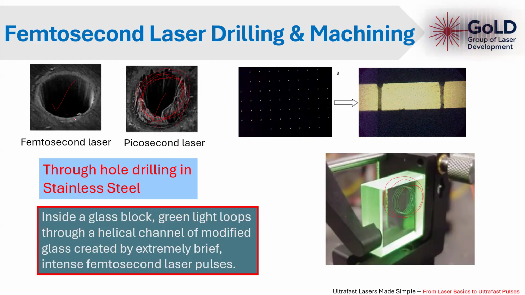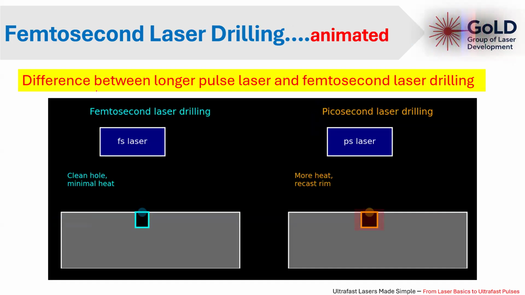Here it's much cleaner. The same is seen in the animation: femtosecond is much cleaner than picosecond. Because the pulse is very long, it generates heat around it, so the hole is not very clean, especially when you need real precision. So you cannot use a picosecond laser for drilling purposes.